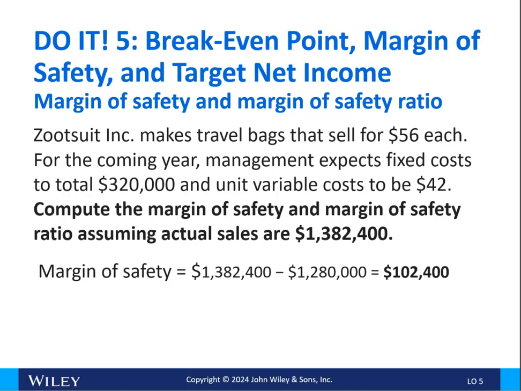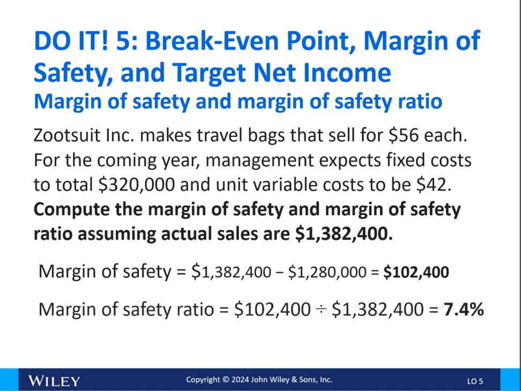So at that level of sales, we have $102,400 of safety margin. We can use that to figure out our margin of safety ratio. So the 102,400, our margin of safety, divided by the actual sales, 1,382,400, and our margin of safety ratio is 7.4%.